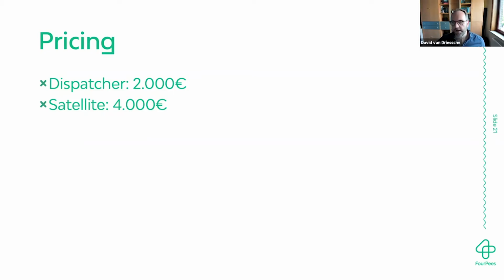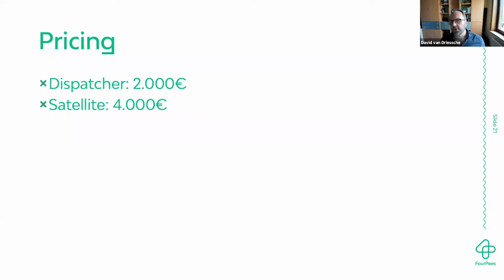So you could have a satellite that costs 4,000 euro, and then you get one with 8 parallel processes. You could also buy a satellite license for 6,000 euro, then it would be unlimited, and install it on a larger machine. So these two things can still be combined if you want.